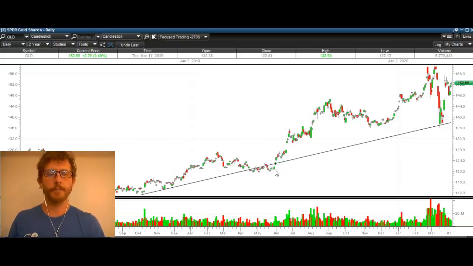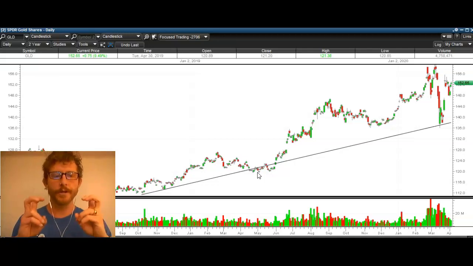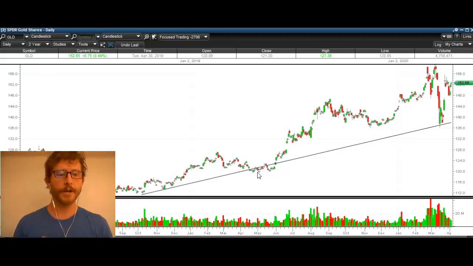And just to point this out, a lot of people are trend line purists. I am not a trend line purist. Trend lines are just a guide and a general area where stocks can bounce or break below.